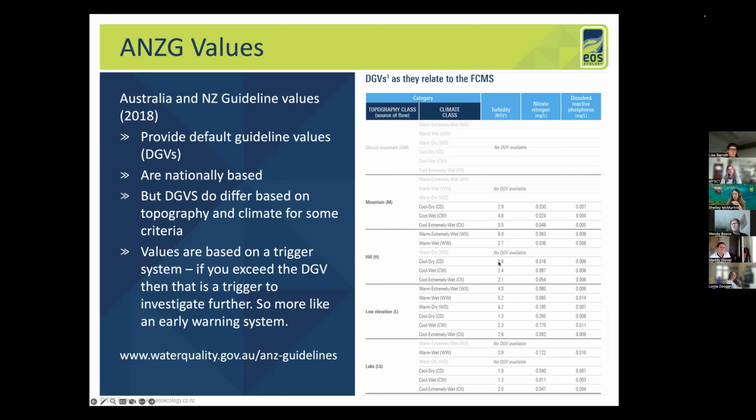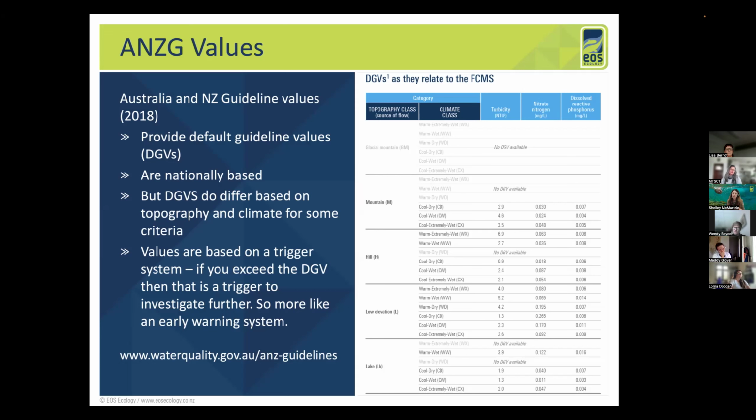And any of you that took part in the Focus Catch and Map series presentation that we had a couple of weeks ago, this is where that information comes into play, where streams that are fed by mountain topography have a naturally higher suspended sediment load. It's just part of the natural system.